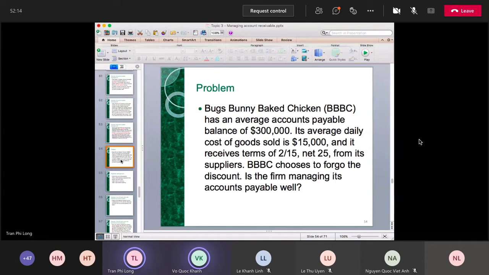The firm can either choose to pay on the 15th day to get the discount or on the 25th day, but its days payable outstanding is 20. That means the firm is not managing its accounts payable well and is wasting 5 days of its money.